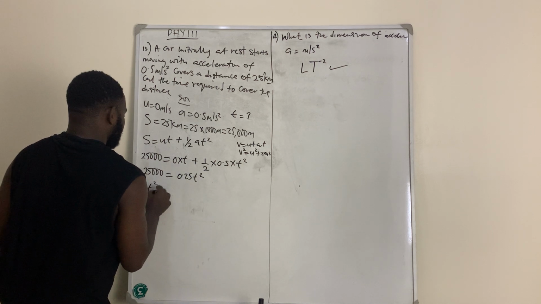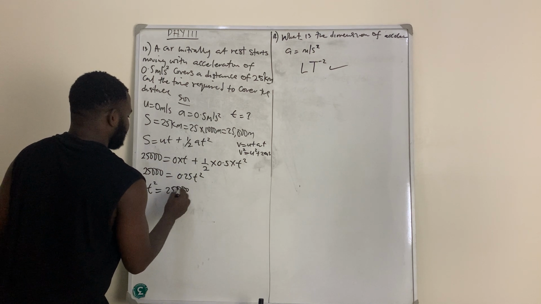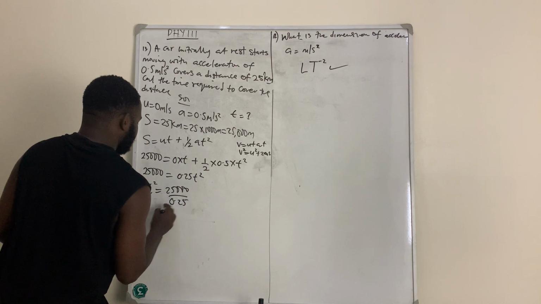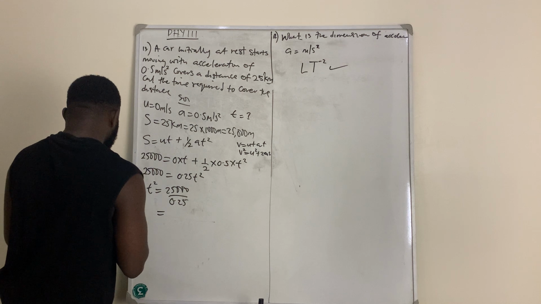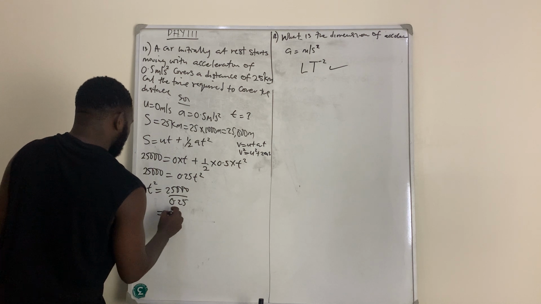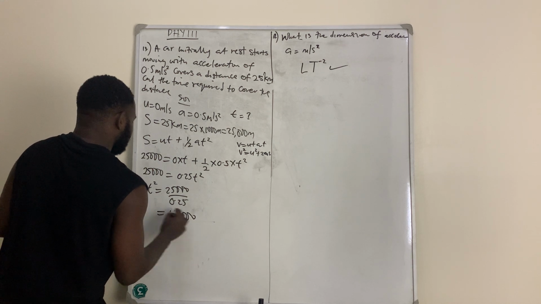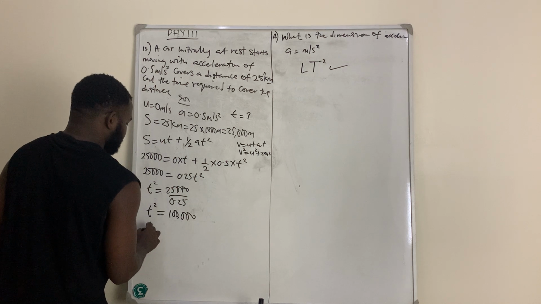So my T squared will now be 25,000 divided by 0.25. So I'm having 100,000.